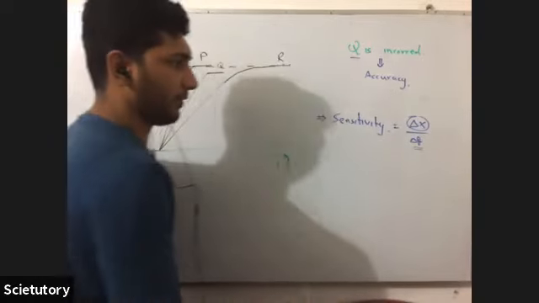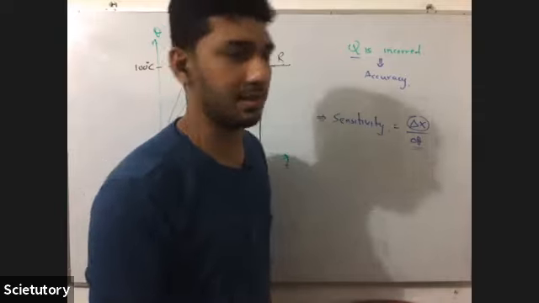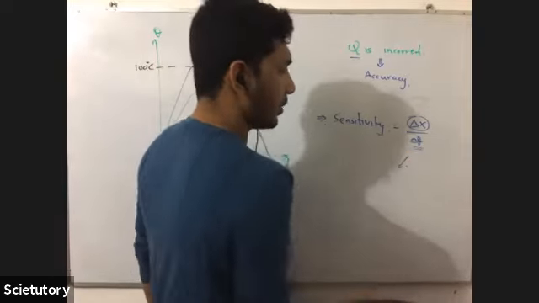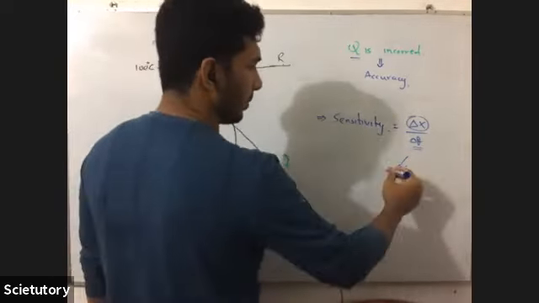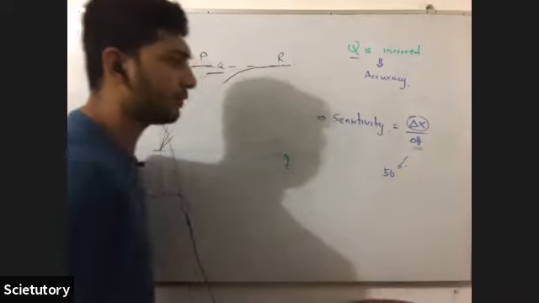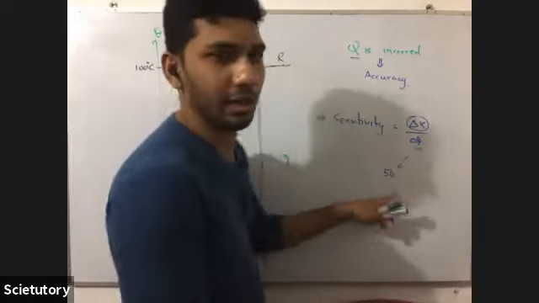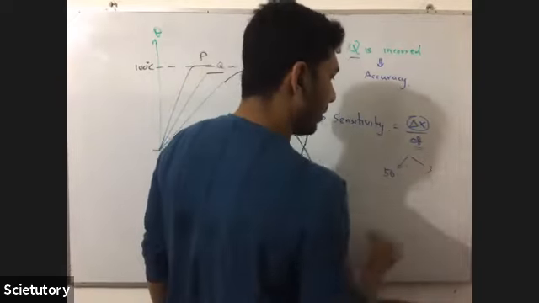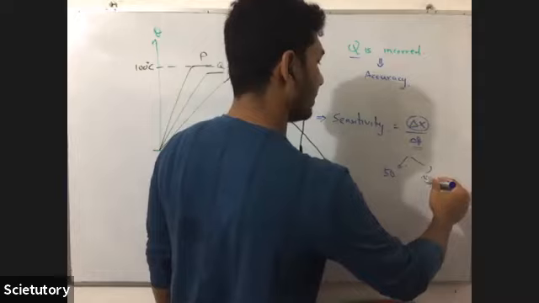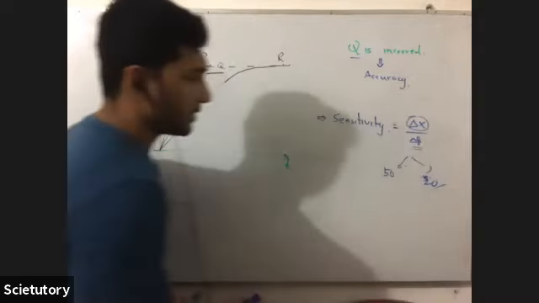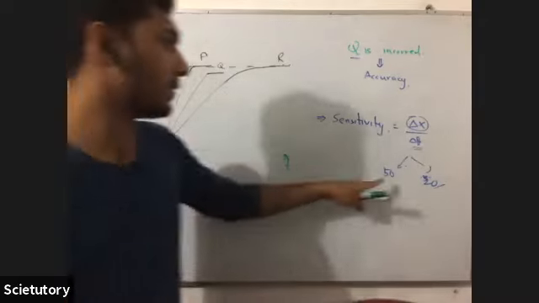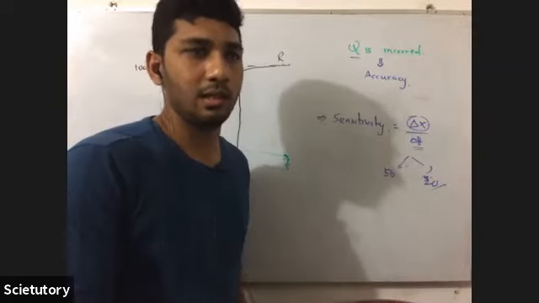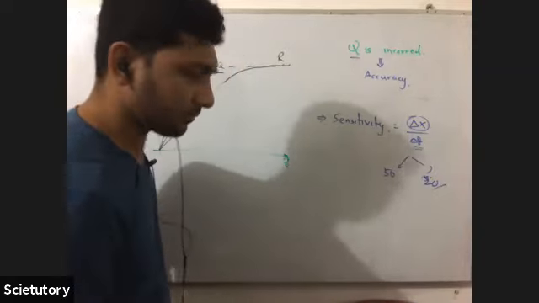For example, if the temperature changes 1 degree Celsius, one thermometer is showing a thermometric property difference of like 50 units, whatever the unit. Okay, it can be pressure, it can be, according to the thermometer. And the other thermometer is showing a change of 20 units. So now, which is better? This one is better, okay, in terms of sensitivity.